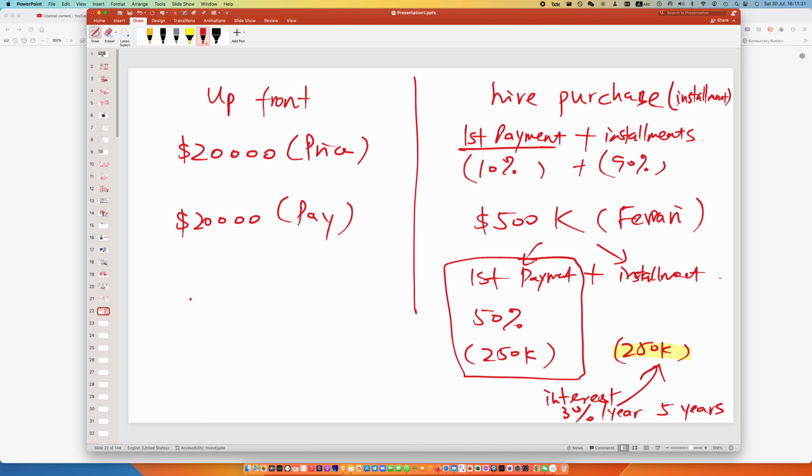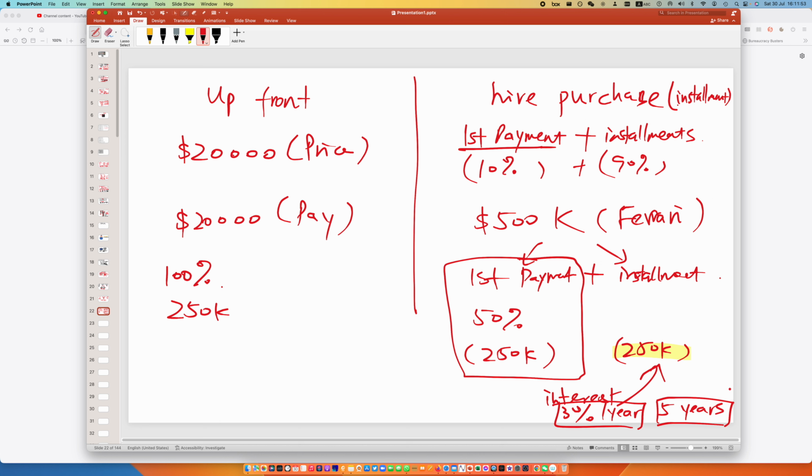Once again, this 250k is the 100%, because this is the amount that you owe, and the interest will kick into the amount you owe. The amount you pay off, no need. So 3% per year, and the bank wants you to pay off in 5 years. 1 year is 3%, 5 years is how much? 15%.